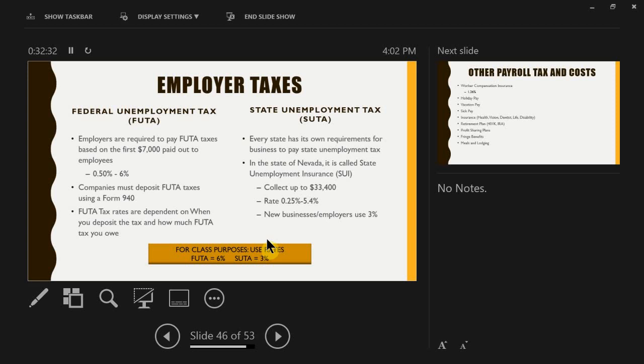You don't pay a dime to the unemployment. The company is responsible to pay for it. So if they don't pay into the unemployment, that's their fault. So therefore, you can't get your unemployment, which is unfortunate. But that's not a you problem. It's the company's problem. They never paid into it anyway.